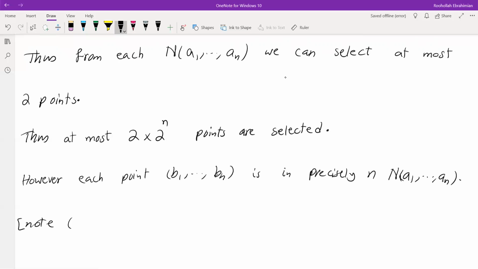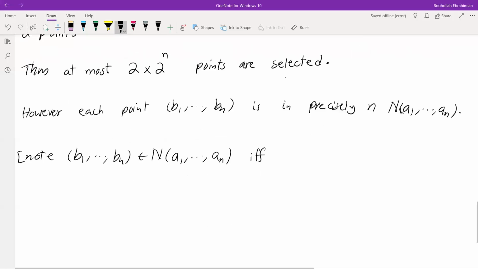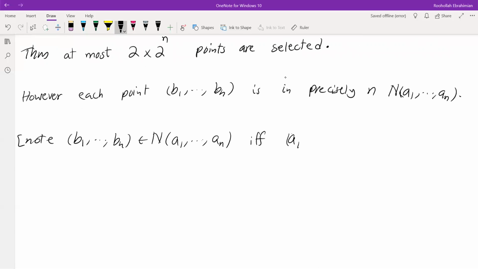Note that B1 through Bn is inside neighbors of A1 through AN if and only if A1 through AN is a neighbor of B1 through Bn, because the way we defined being neighbor was that they differ in exactly one coordinate, one component. So each point B1 through Bn is in precisely n of the neighbors.